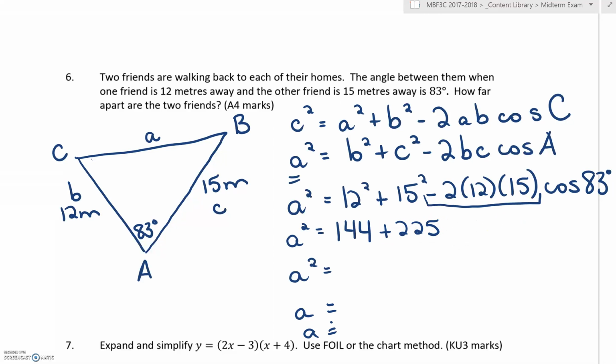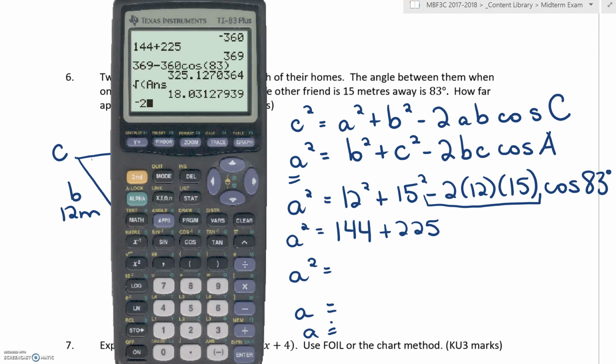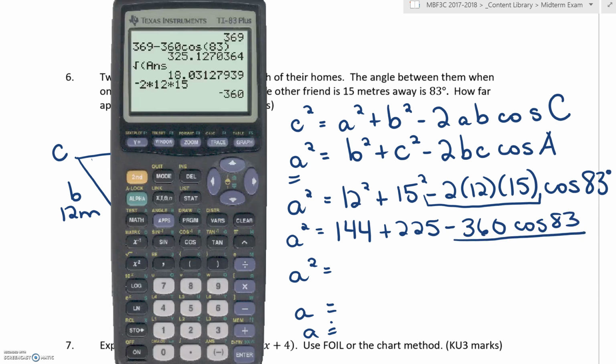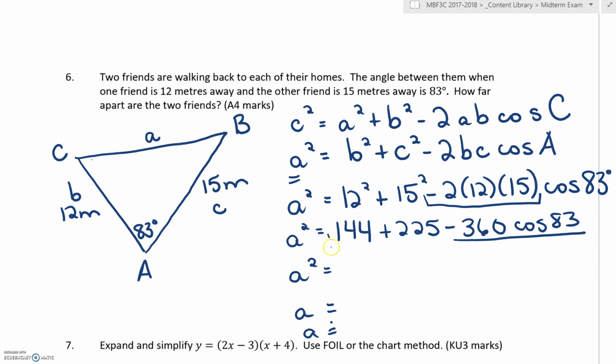And we'll go ahead and calculate what negative 2 times 12 times 15 is. And it's negative 360. Don't forget that there's a multiplication happening here between negative 360 and cos of 83. But we can add 144 and 225. That we can do. Okay, so we can do this part, which is 369.